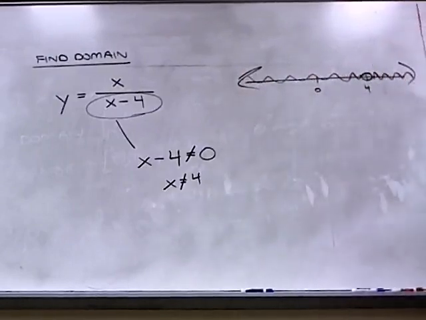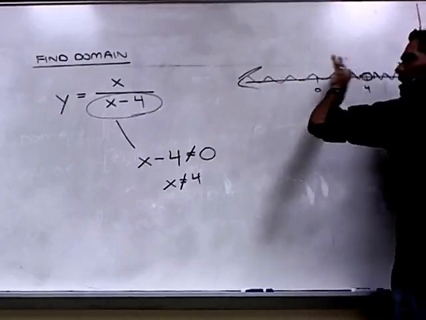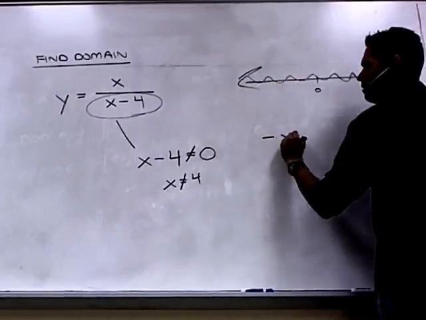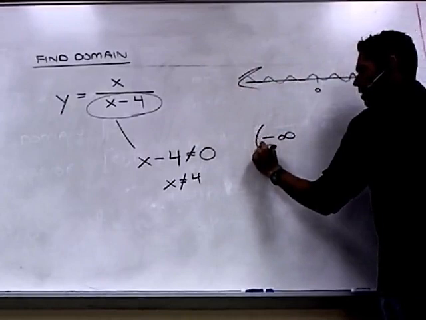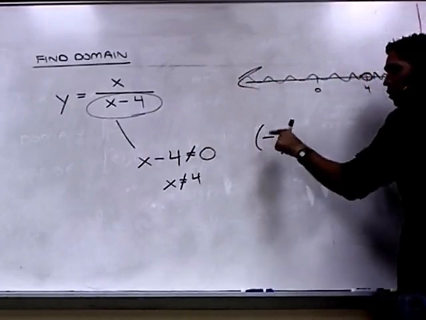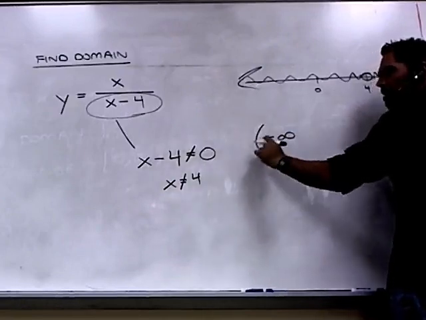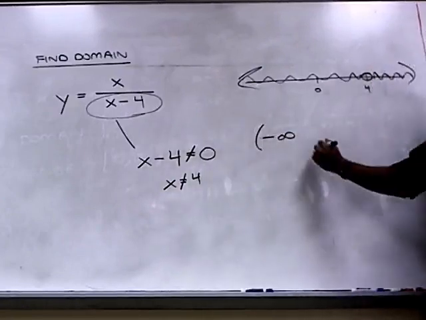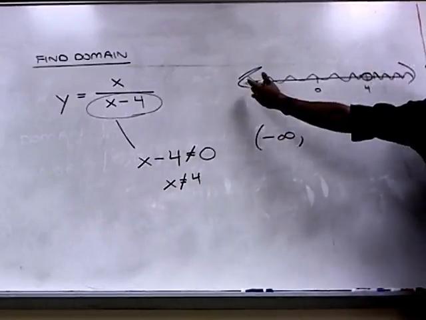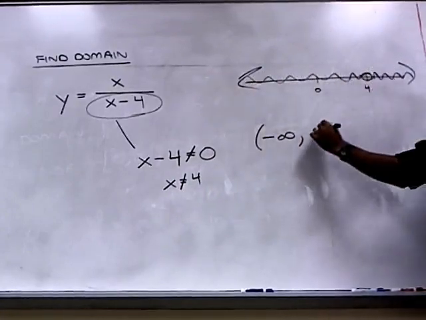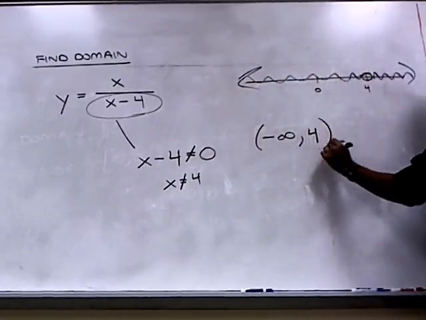So the way we do it is with an interval. We say everything out that direction, which is negative infinity. We use a parenthesis on infinity always, because infinity goes forever. So we can't put a bracket. Bracket means stop there. And then where do we want to come to? 4. Do we want to include 4? No, so we put a parenthesis again.